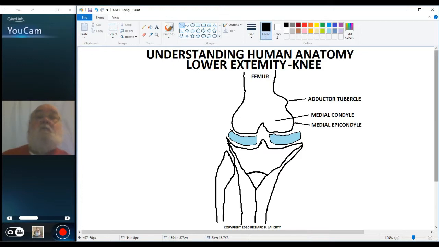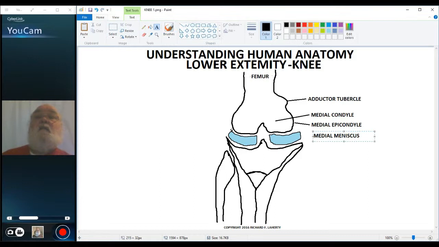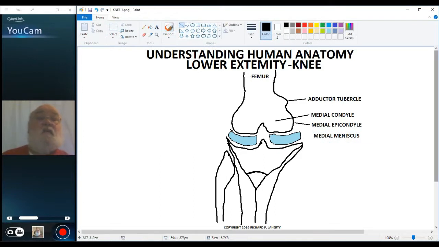We have the medial meniscus. We have the medial condyle of the tibia.